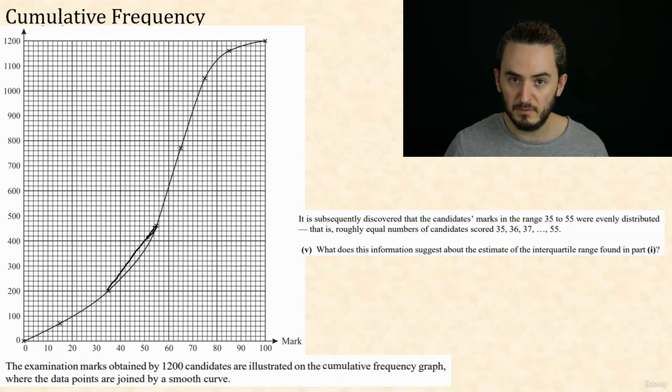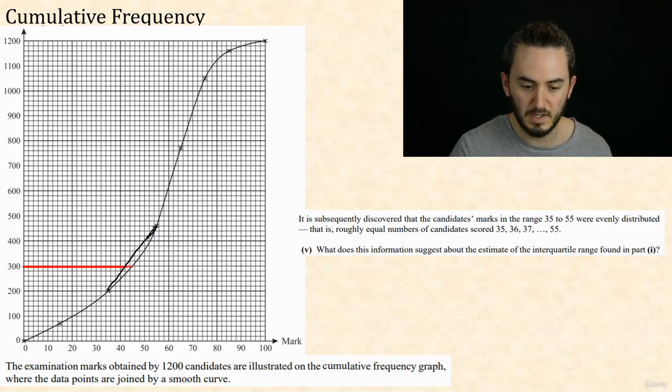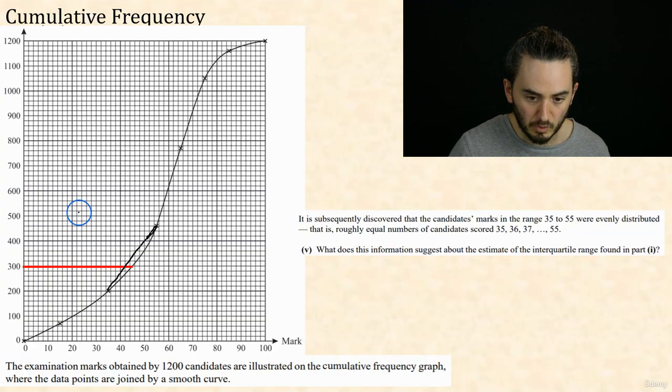Well, remember that for my lower quartile last time, I drew a line across like that. And before, it hit the graph at this point here, and then I drew a line down to find my lower quartile. But if in fact the curve should have been a straight line here, it would have actually hit the graph there.